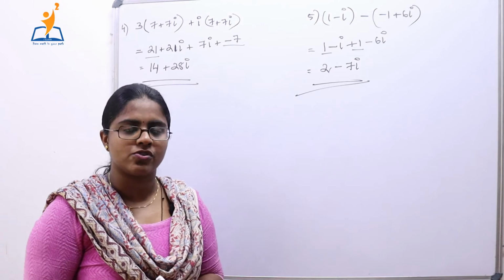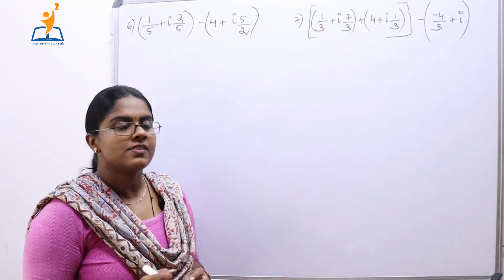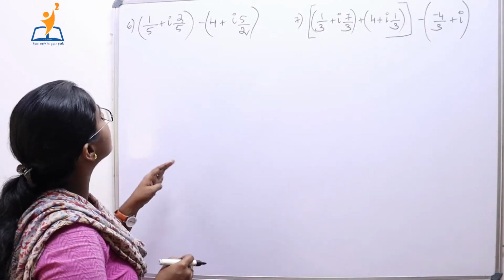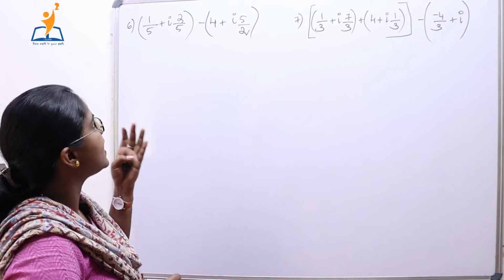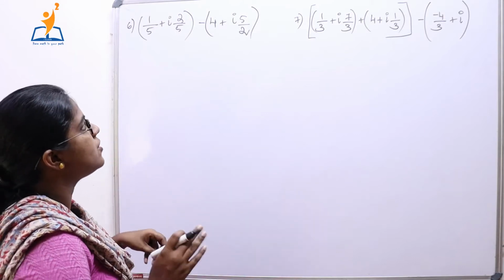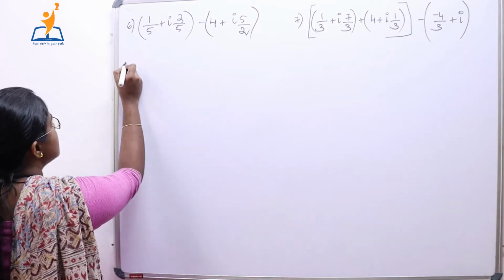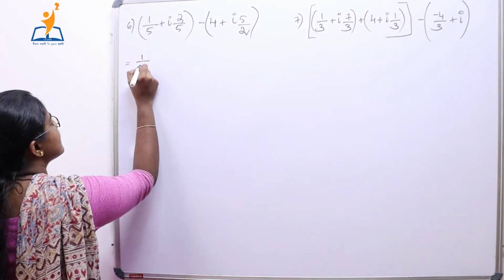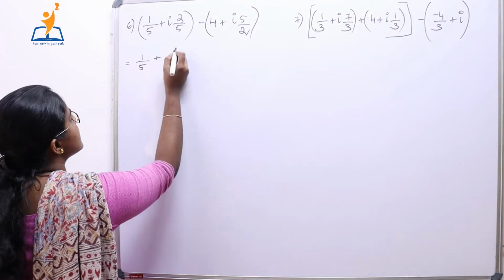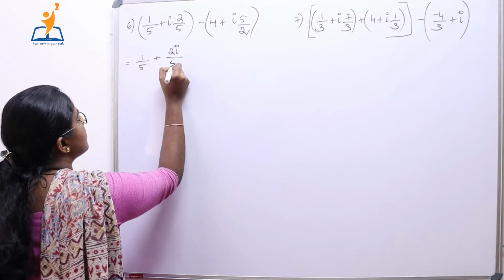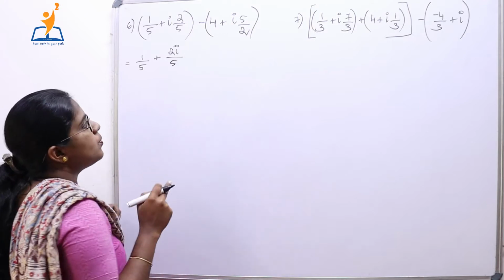Now we will go to the next question. The next question is 1 by 5 plus i into 2 by 5, minus 4 plus i into 5 by 2. So we want to subtract these 2 complex numbers. So the simplifying part is like this: 1 by 5 plus 2i by 5. Minus is common to both these terms.